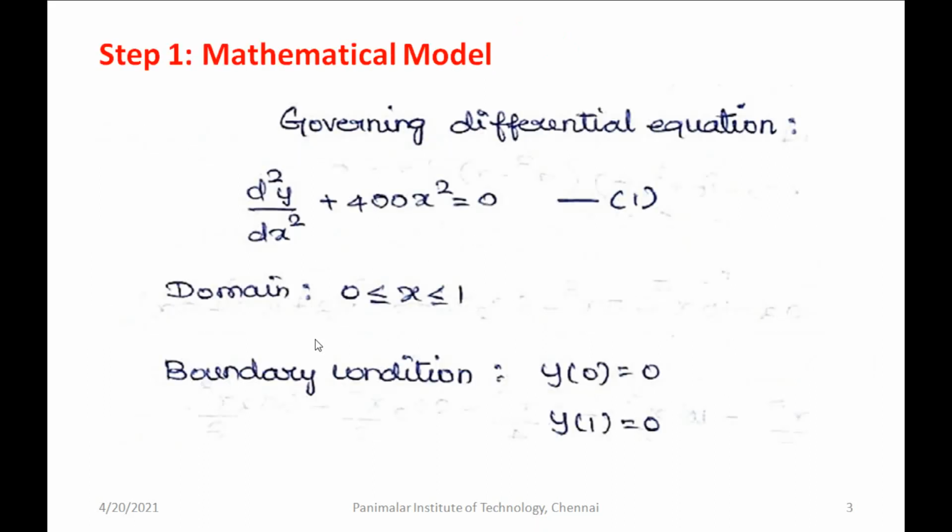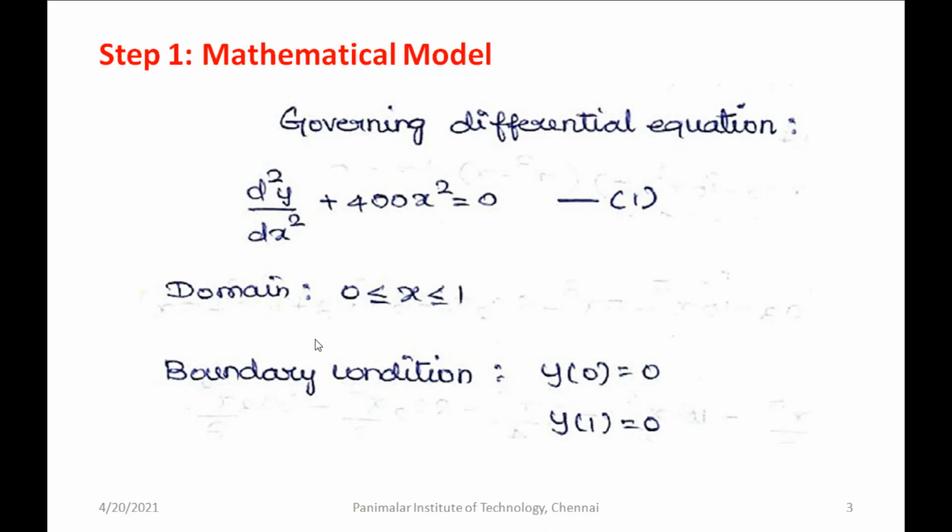There is a thumb rule we have to follow: the minimum order of the polynomial trial function will be equal to the maximum order of the differential equation. But in this example the trial function is given, so we will go with that one.